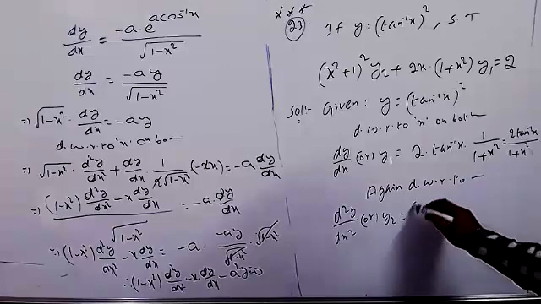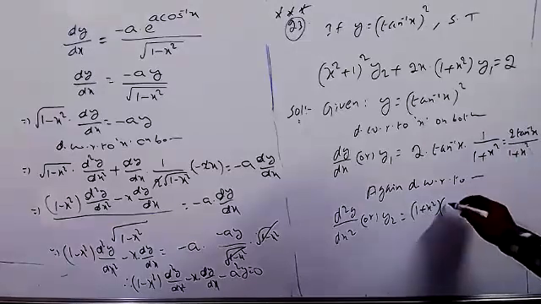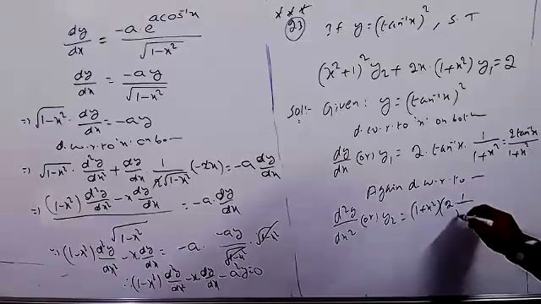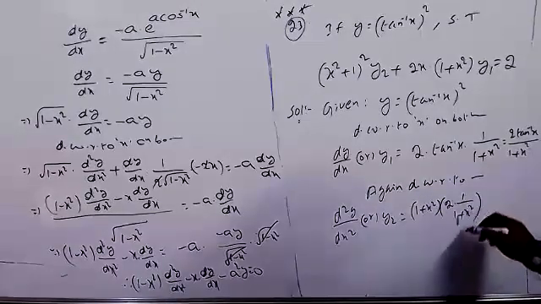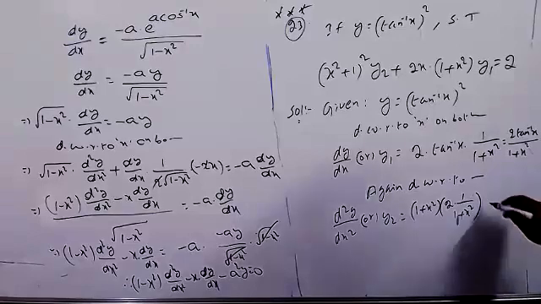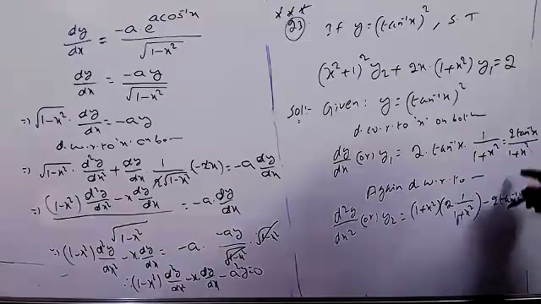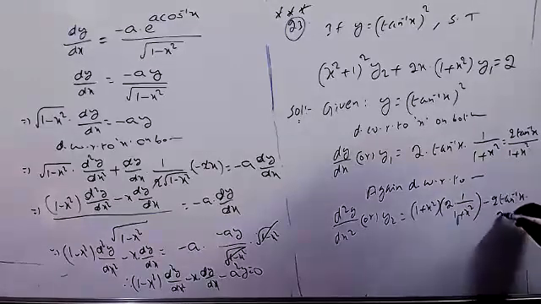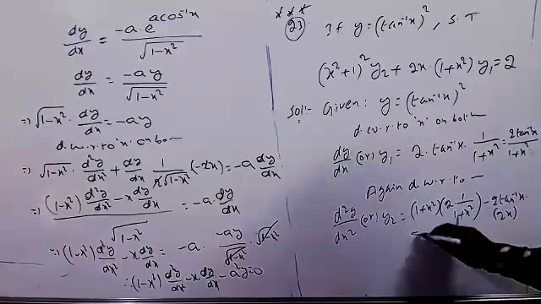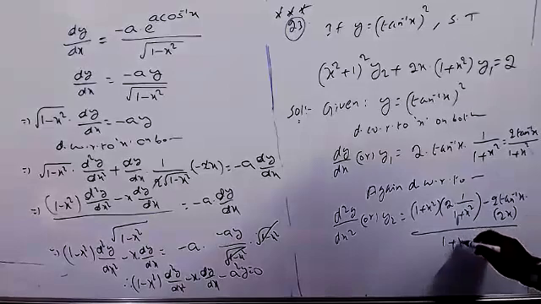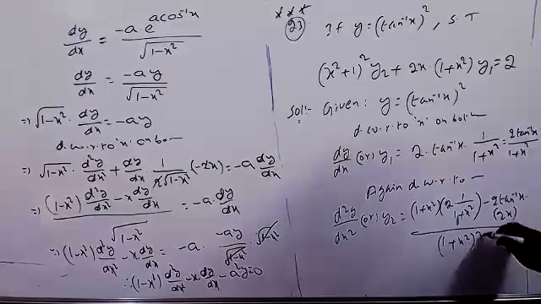1 plus x square into the differentiation of this value, that means 2 into 1 by 1 plus x square, minus 2 tan inverse of x into the differentiation of 1 plus x square, which gives 2x, whole by 1 plus x square whole square.